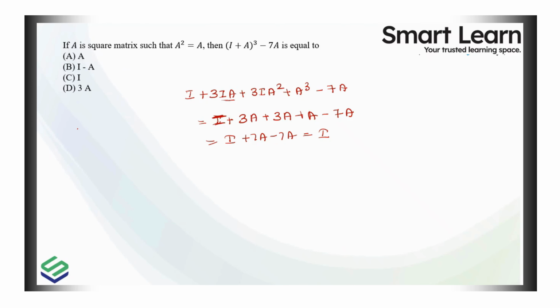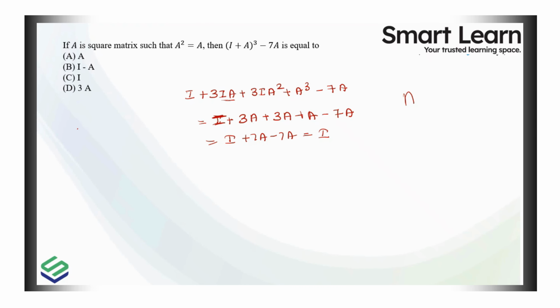So, and this is the last question. So here, if A is a square matrix, A square is equal to A is given, then I plus A the whole cube minus 7A. So first we will expand using the cubic expansion. Then here they are giving, here 3IA is 3A now.